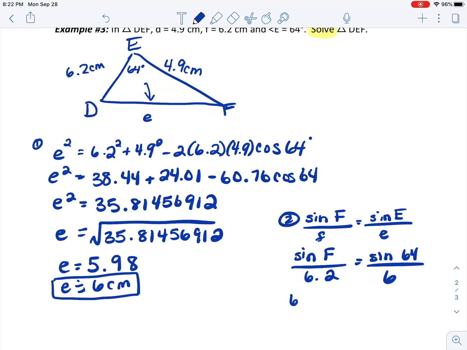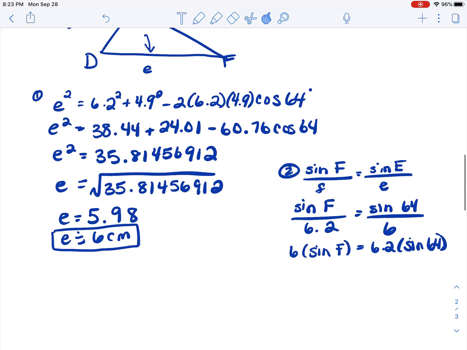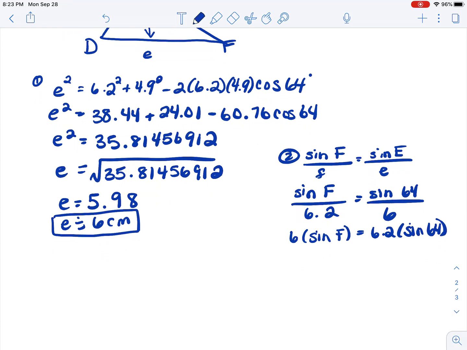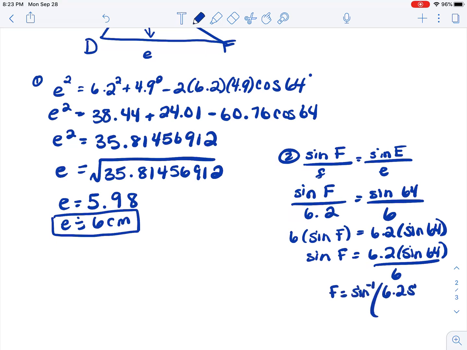Cross multiply: 6 times sine F equals 6.2 times sine 64. We are going to divide by 6 to bring it over to the other side. And make sure we take the inverse of sine because we're finding an angle.